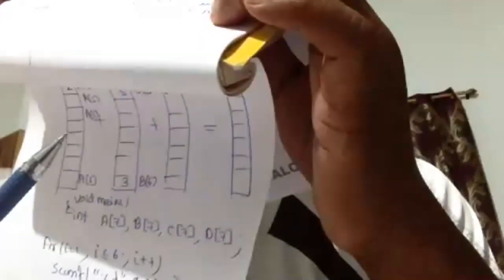Calculation. The calculation is what? A plus B plus C, addition. Where will it be stored? D[I] equal to A[I] plus B[I] plus C[I].